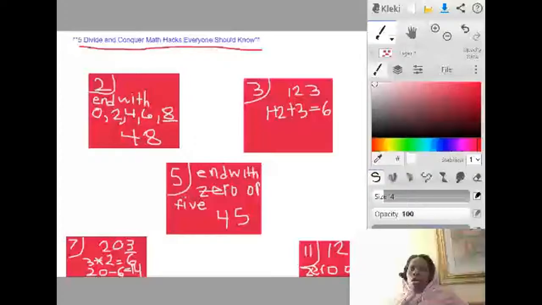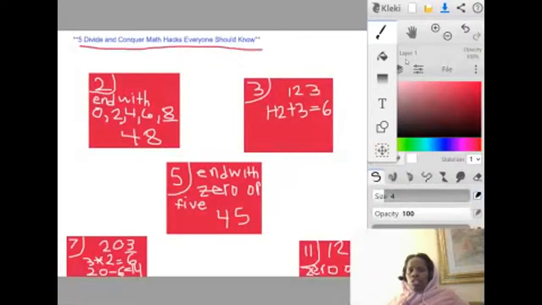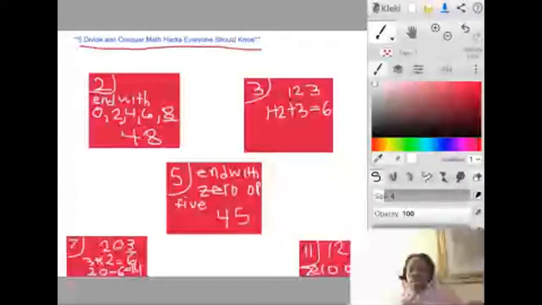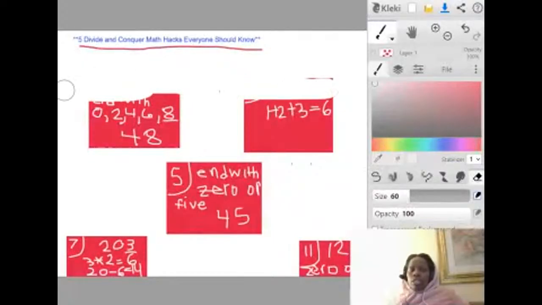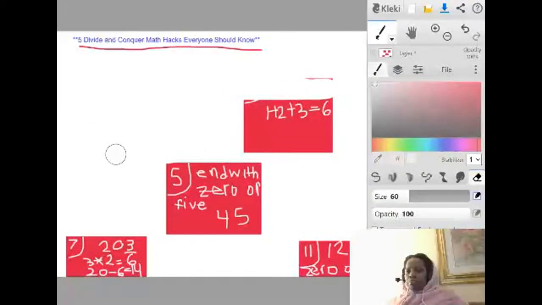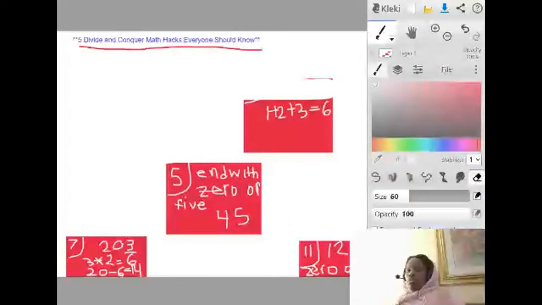When a number is divisible by something, that means the number is broken into two parts, the divisor and the quotient, which together multiply to make the original number.